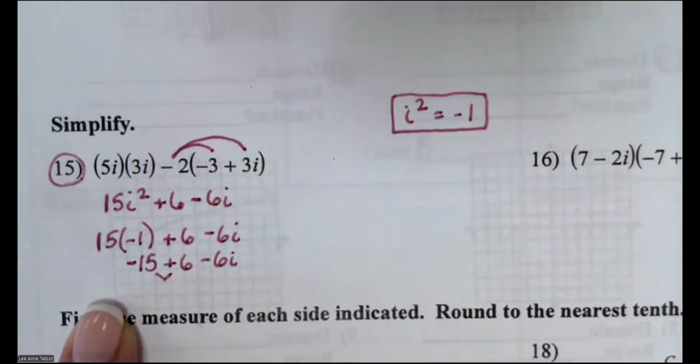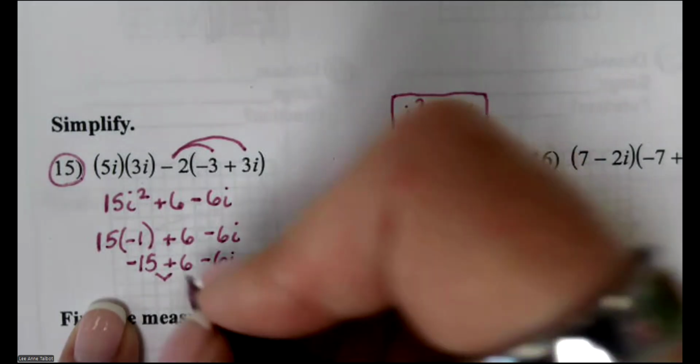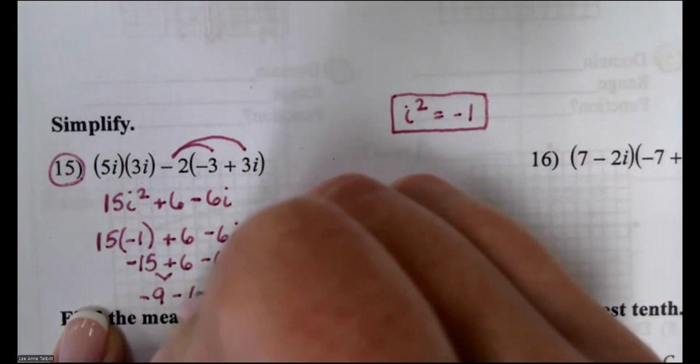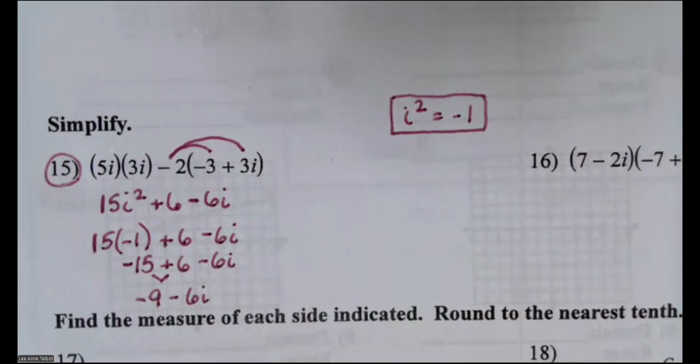And then I'm just going to combine those two guys. -15 plus 6 is -9 minus 6i. And that's the final answer. You can't get rid of that i. You can only simplify i squareds, not i's.